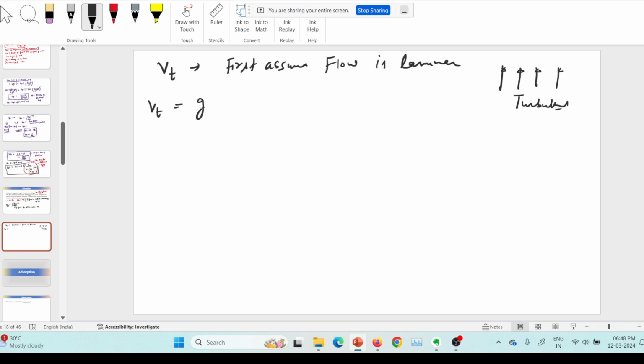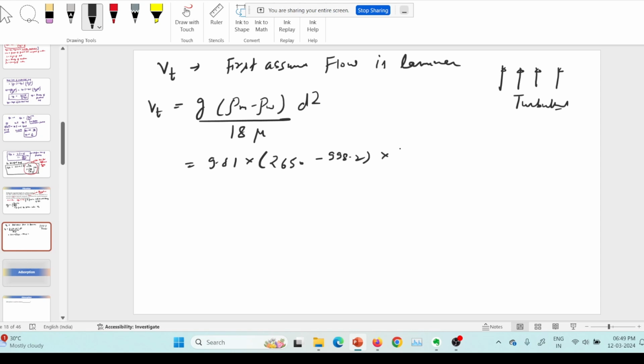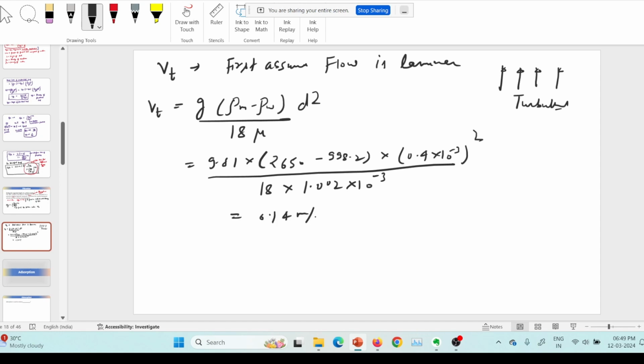The formula will be g times density of medium minus density of water, times D square, divided by 18 mu. So g will be 9.81 into 2650 minus 998.2. The diameter was 0.4 into 10 to the power minus 3, whole squared, divided by 18 times mu, which is 1.002 into 10 to the power minus 3. After solving, we get Vt as 0.14 meter per second.